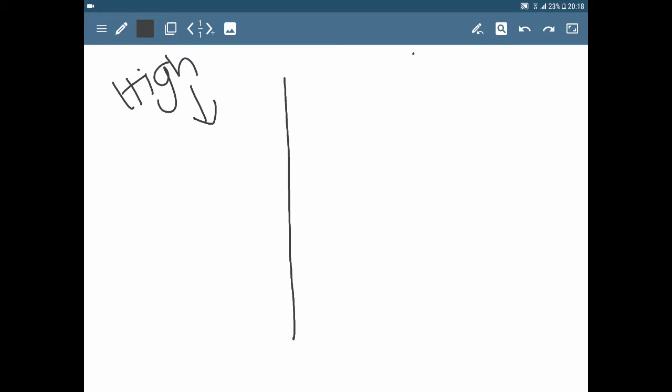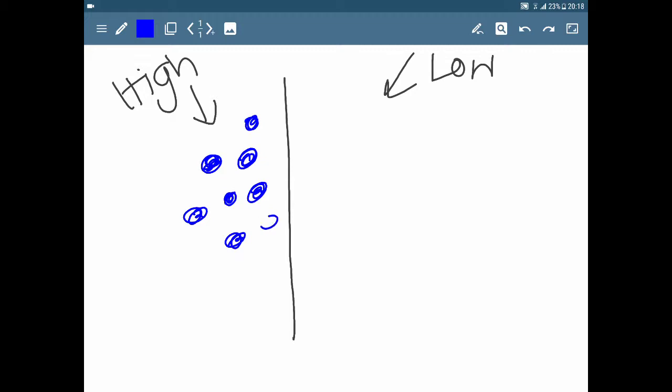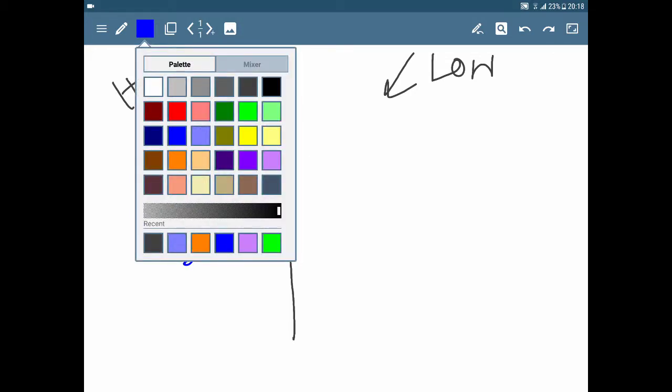So, if I am to draw this line, think of this side as the higher concentration and this as the lower concentration. If this has more particles, just think of this as a cell.